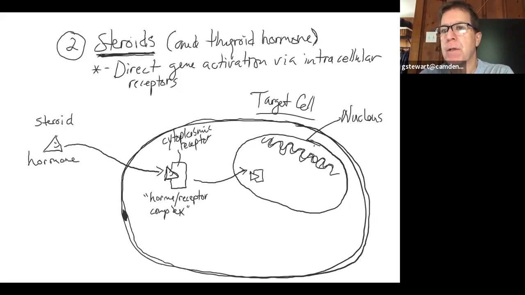This hormone receptor complex enters the nucleus and binds to a specific section of DNA. And the binding of this hormone receptor complex to a very specific piece of DNA initiates the process of protein synthesis.